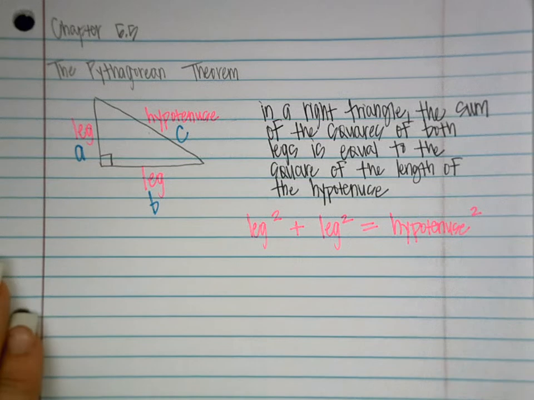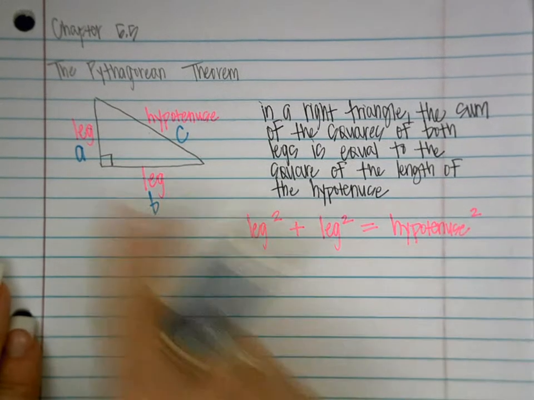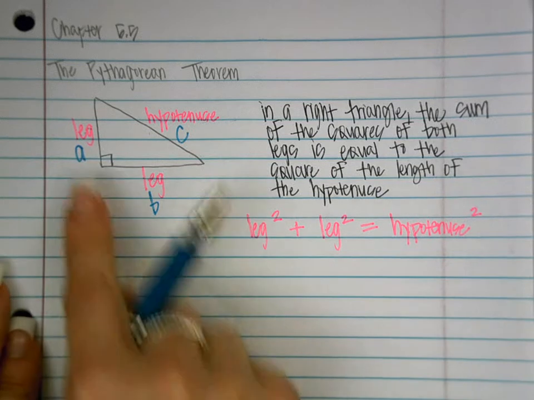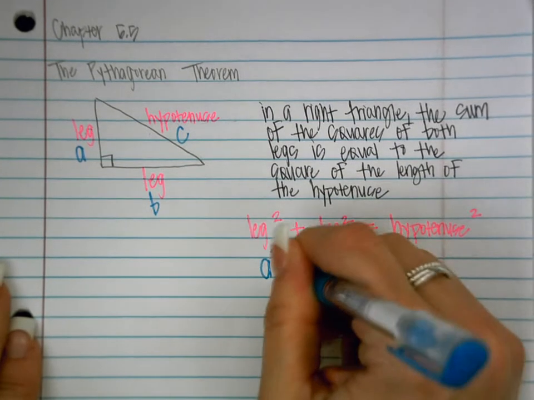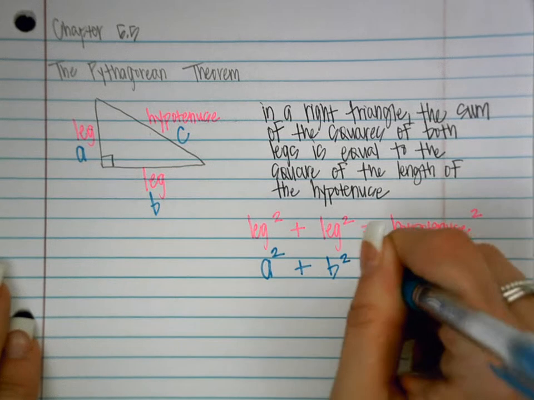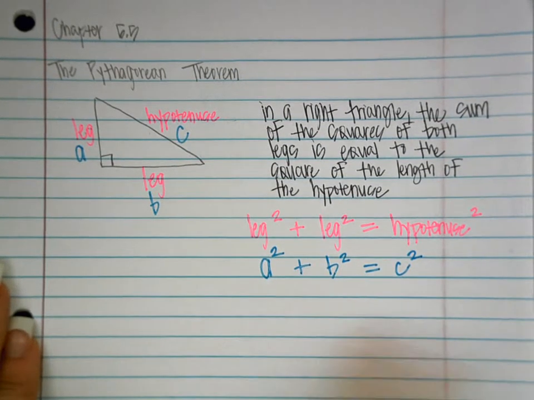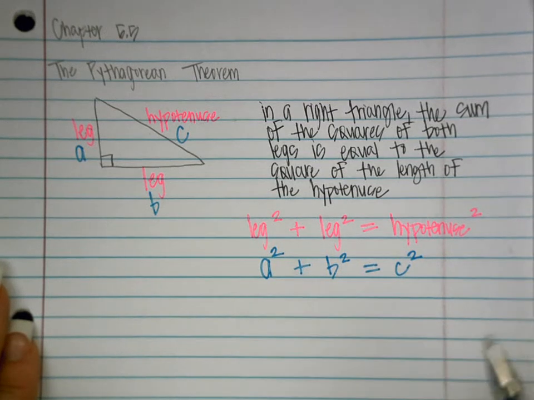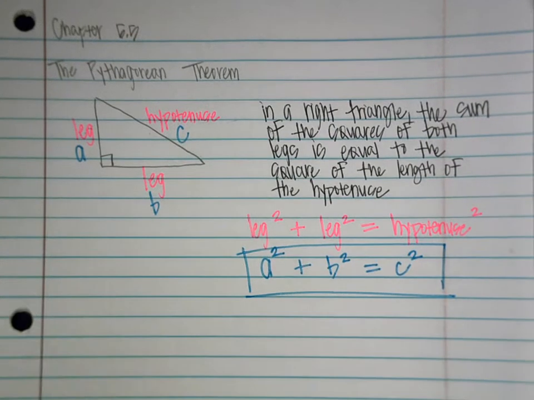Now that's still kind of complicated looking, so let's change it to letters. This means a squared plus b squared equals c squared. This is the formula that you need to memorize, because we are going to use it a lot.